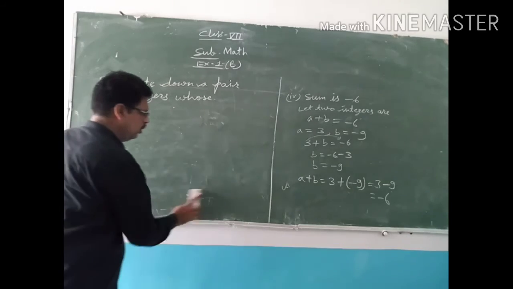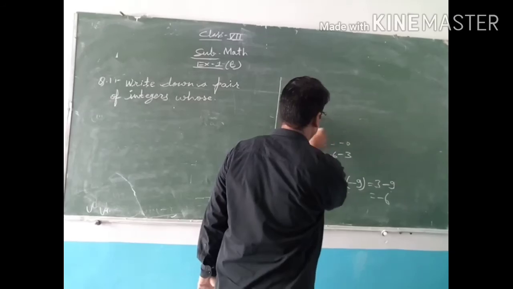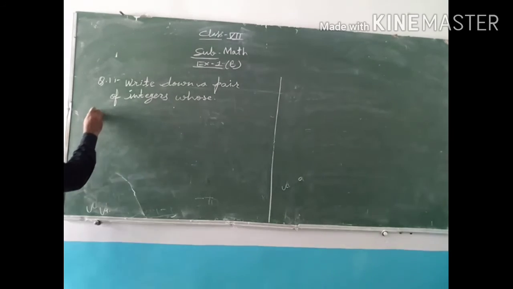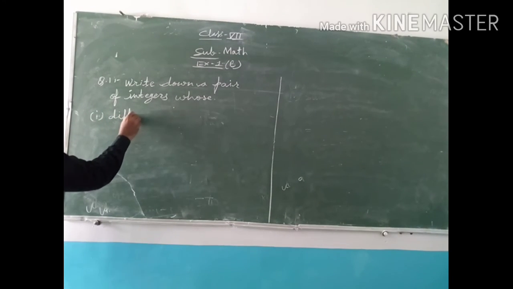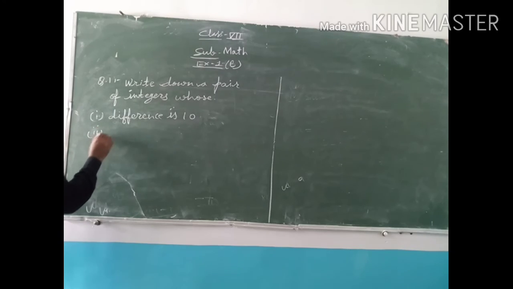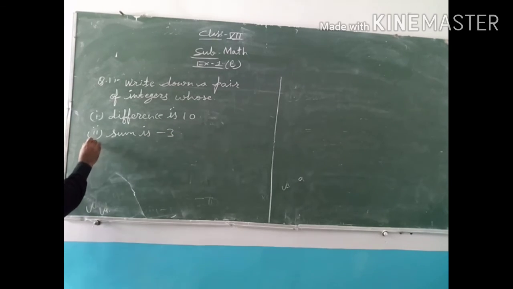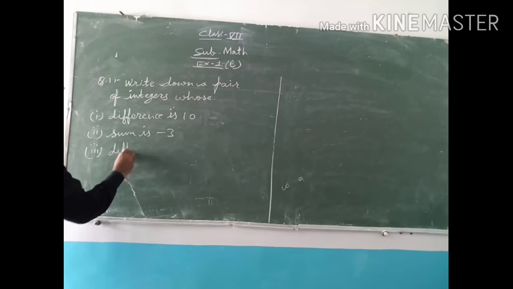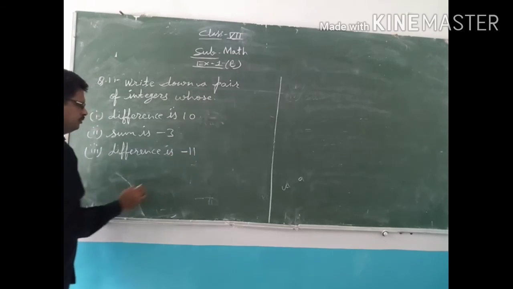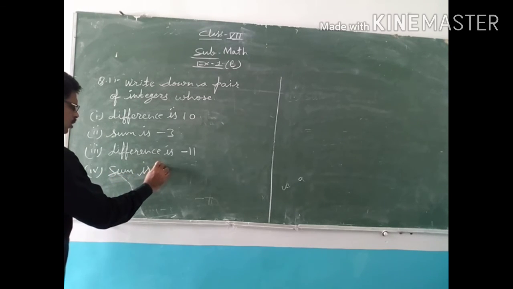Okay, the question is saying, write down a pair of integers whose difference is 10, whose sum is -3, whose difference is -11, and whose sum is 23.